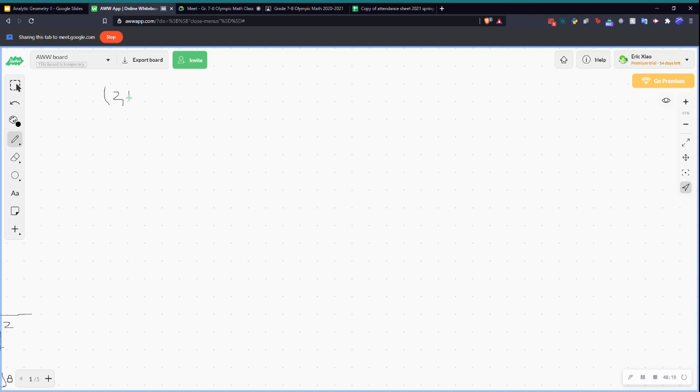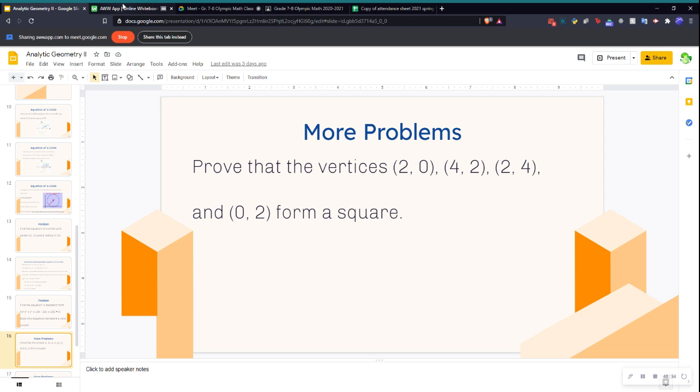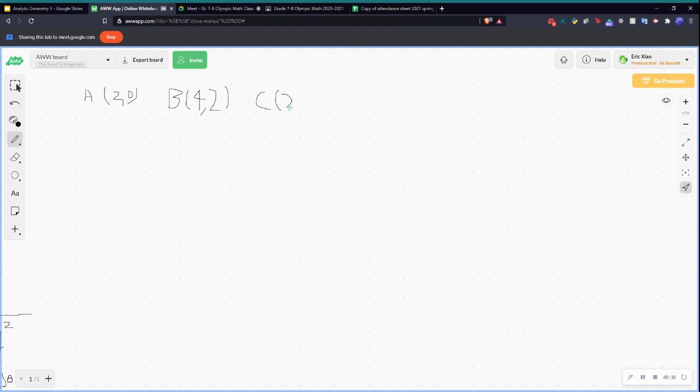This is (2, 0), not (0, 0). We also have B, (4, 2). Now let's have a point C. That would be the next point, which is (2, 4). And we also have another point. Let's call it D. This would just be (0, 2).